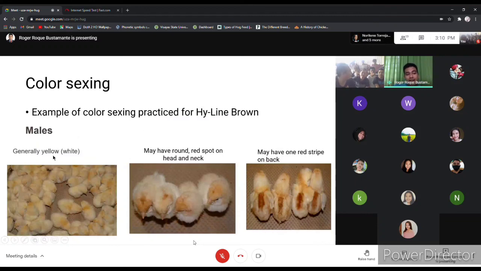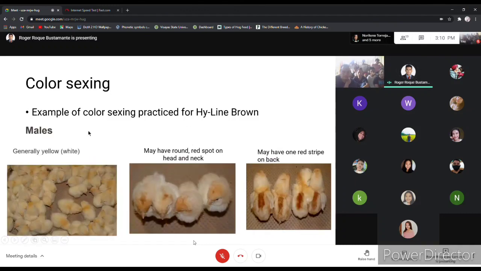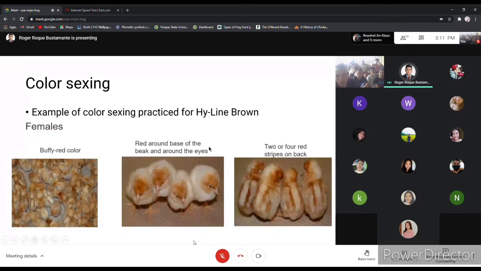While males are generally yellow or white and may have a round red spot on the head and neck and 1 red stripe on the back, females have 2 or 4 red stripes on the back. It depends, like in quails, where one breed can easily be identified by sex at day-old. So with this also in the Highline Brown, you can spot the difference.